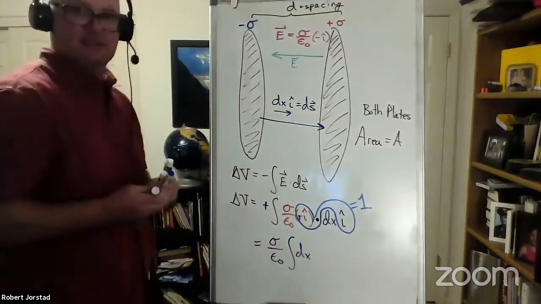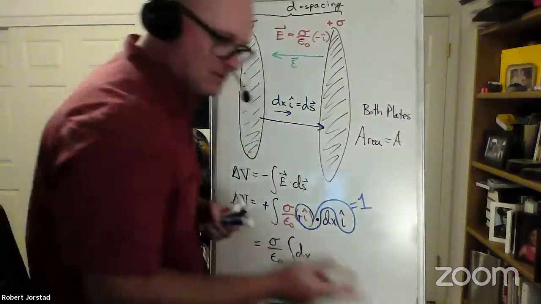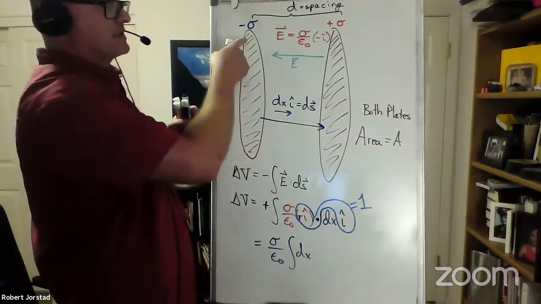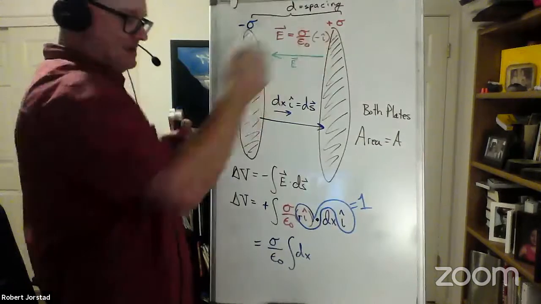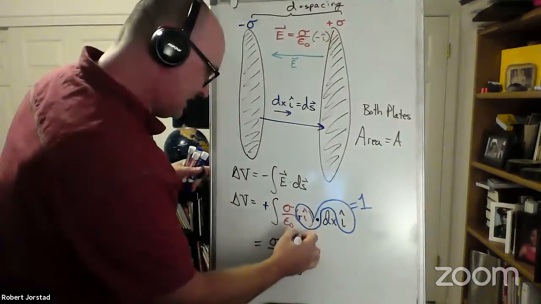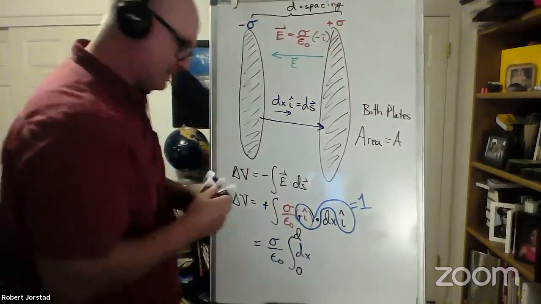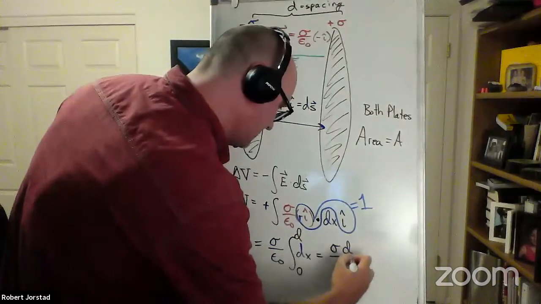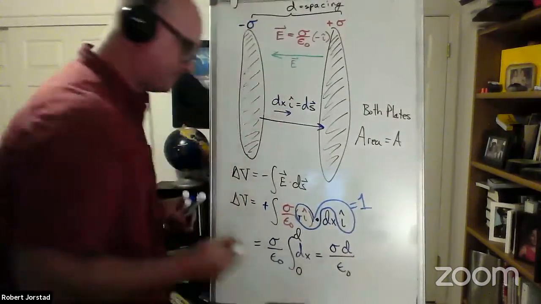In the picture, it looks like we started maybe right here, so this was x equals 0, and this is going to be x equals d. My limits are going to be 0 to d, which gives sigma d over epsilon naught.